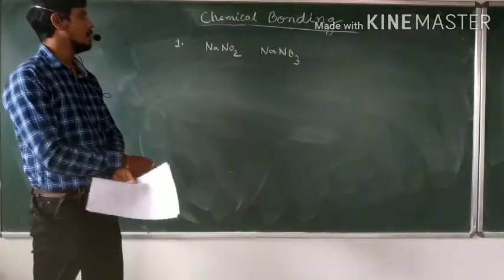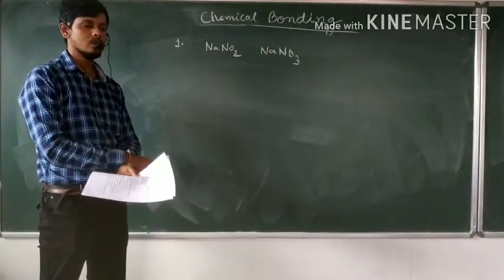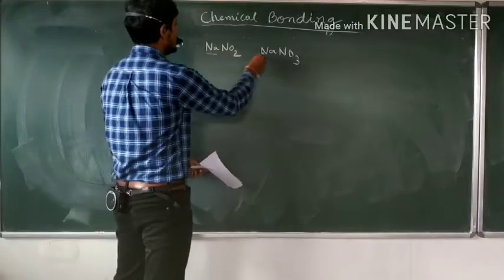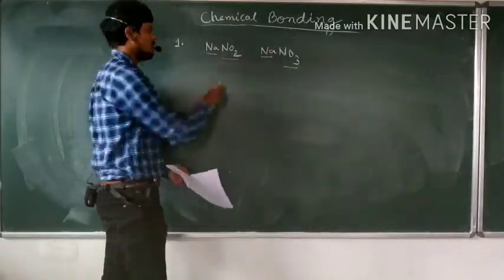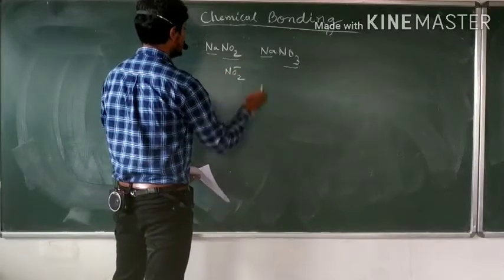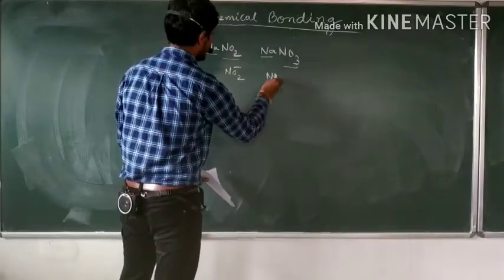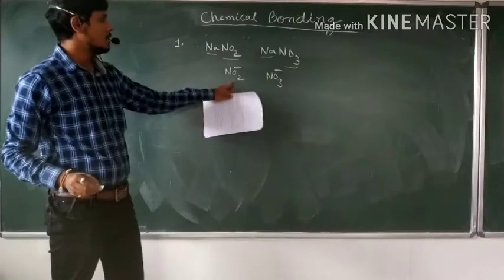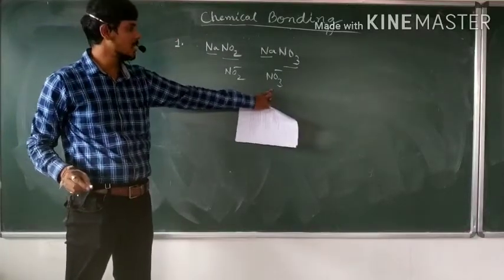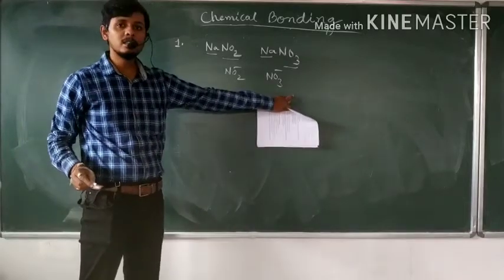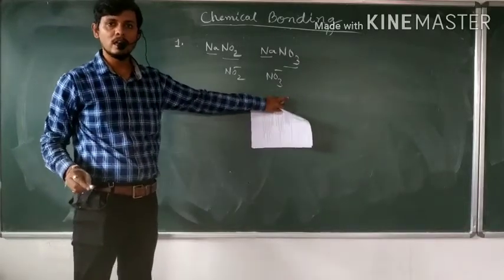NaNO2 and NaNO3. Sodium is the same; the difference is made by NO2 and NO3. Here I have NO2 negative, here I have NO3 negative. There are 2 oxygen atoms here but 3 oxygen atoms here, that means NO3 negative is larger in size.